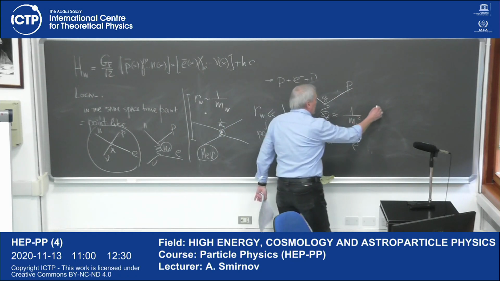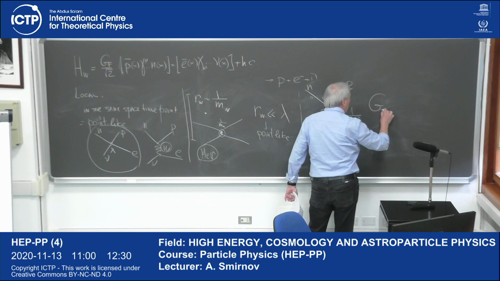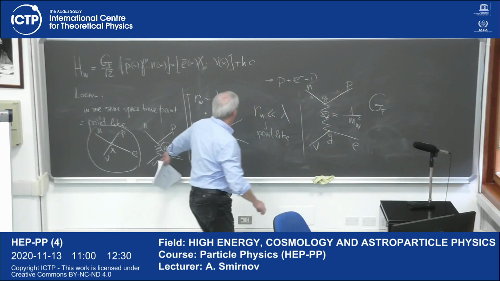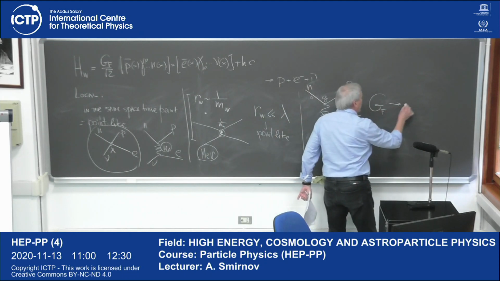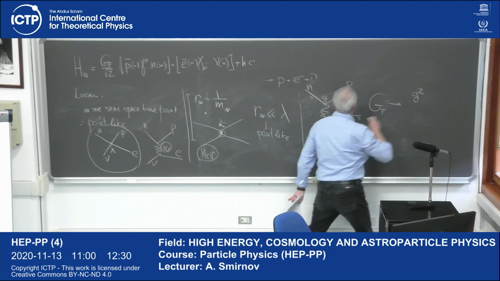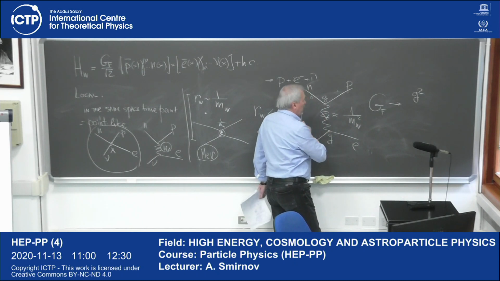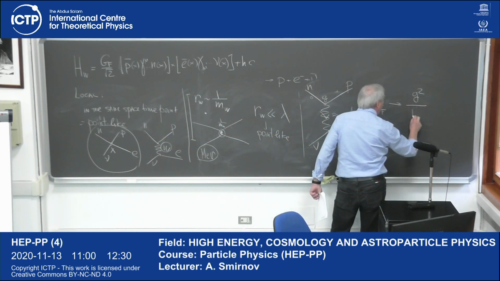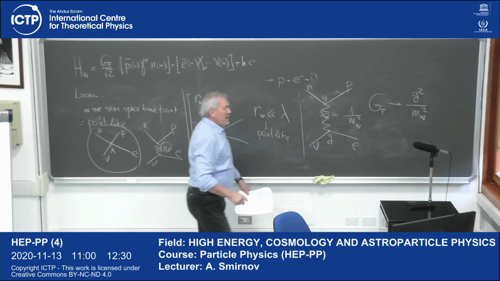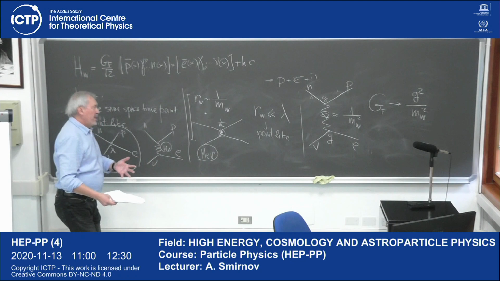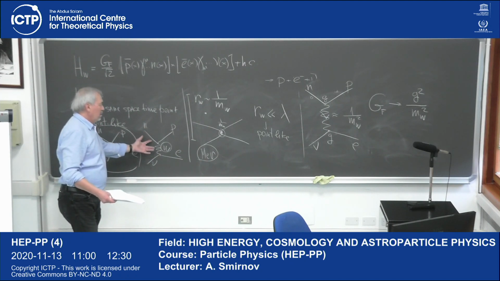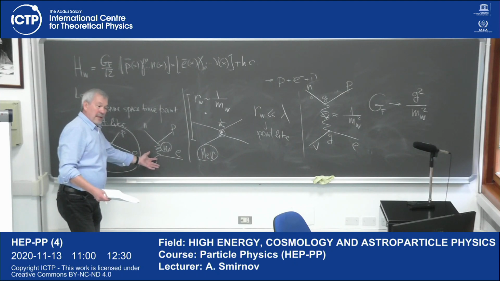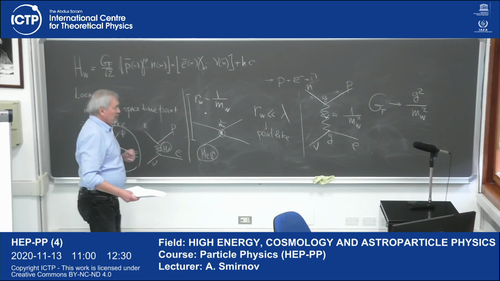So instead of G Fermi in the case of four-fermion interactions, you have G squared, because you have two interaction points, over the mass of the W boson squared. This is how the Fermi coupling constant is interpreted in the picture with exchange of a W boson.